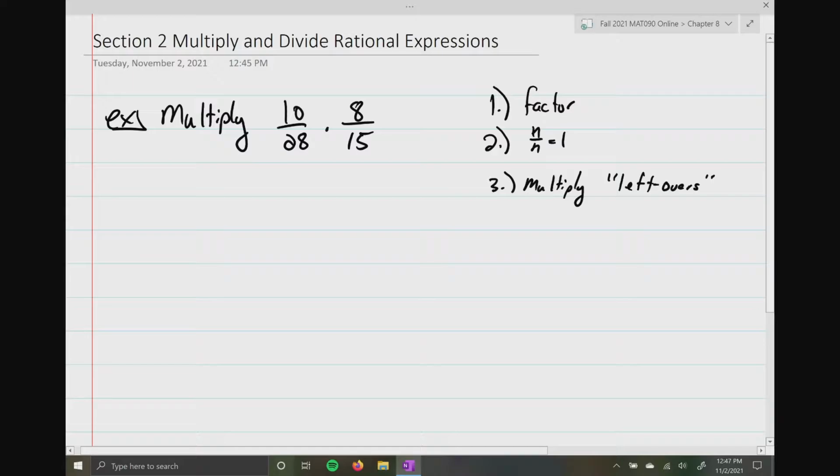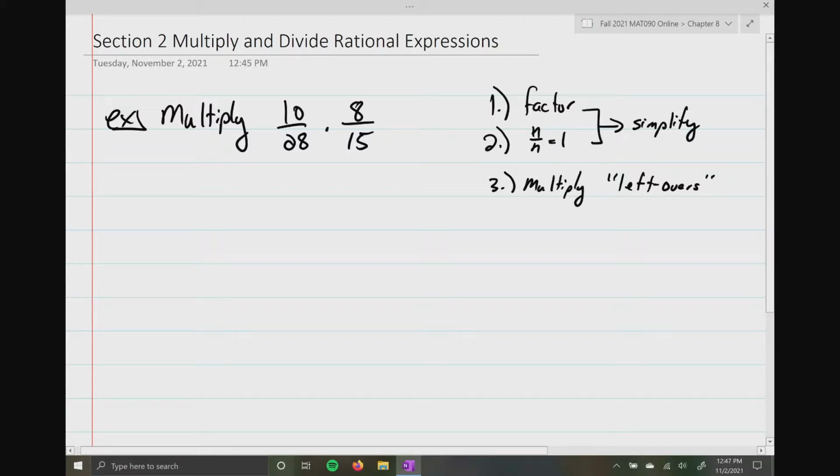All right? Now, by doing it this way, you are guaranteed that when you get your final answer in step 3, that answer will already be simplified, and that's because steps 1 and 2 is where you do all the simplifying that you need. So let me show you what I'm talking about.